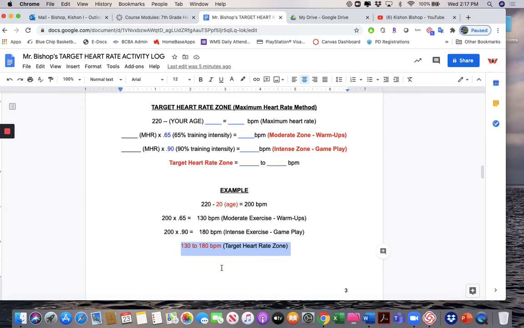Obviously, I do not have any 20-year-old middle schoolers, so these figures will look different. It is your job to make sure you go through those steps mathematically and come up with your target heart rate zone following the formula. Lastly, if you notice, everything I have are whole numbers. There are no decimal places. So in math, with decimals, we're trying to find our closest whole number.